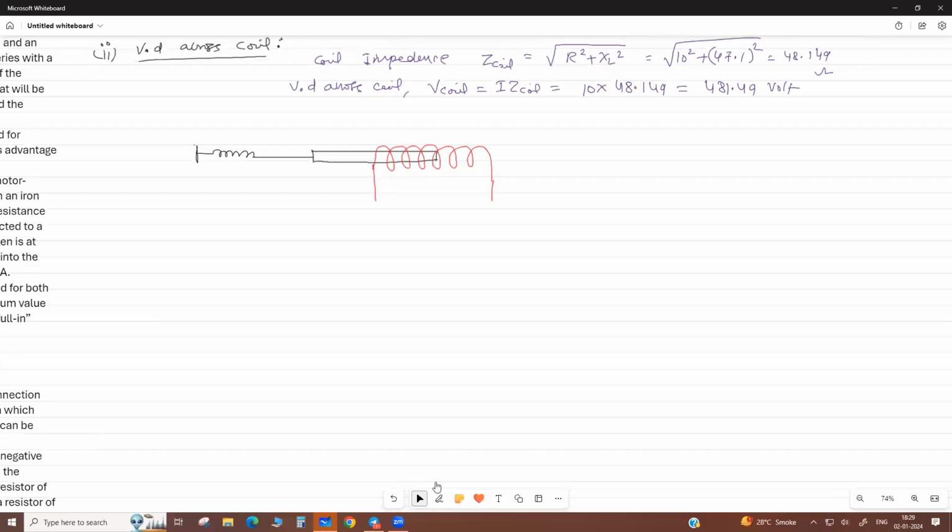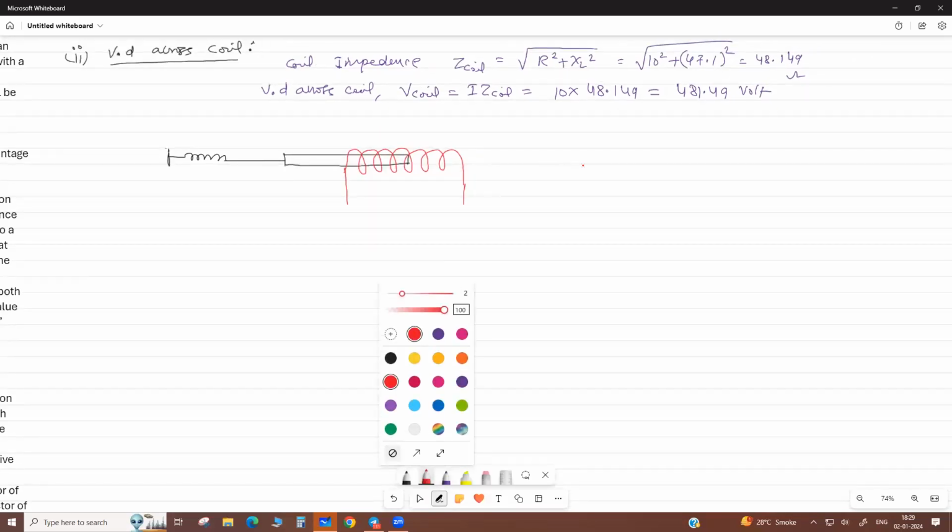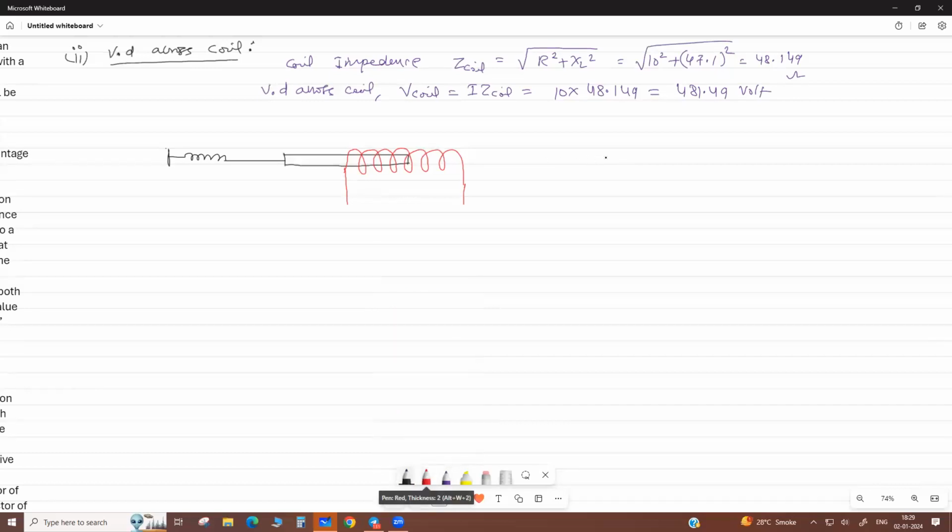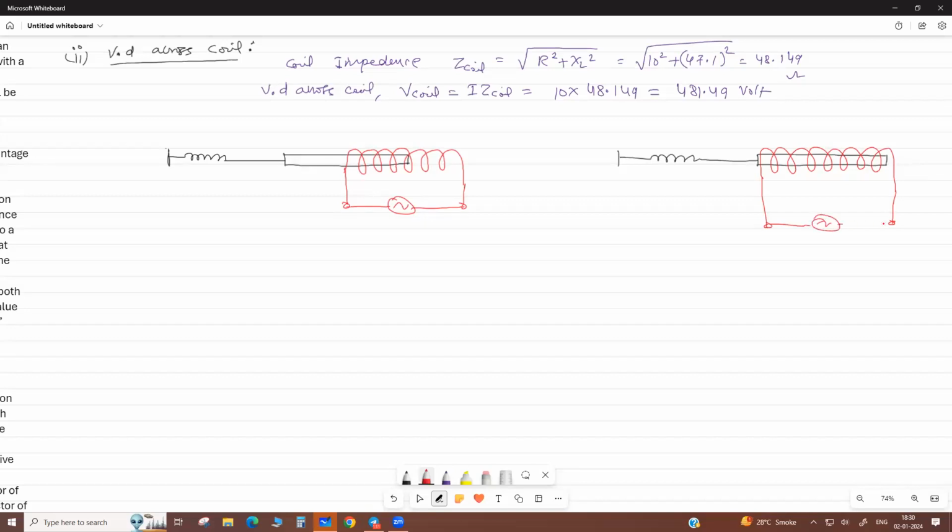In the second position, when it is pulled inside, it is partially in. When it is in full position, the soft iron core is fully inside the coil. Now these two cases are applied with an AC source.